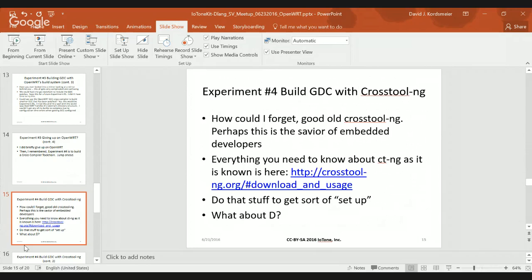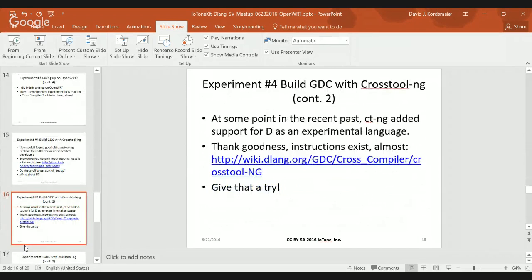You can select all of the attributes of your toolchain that you want, including different language support, kernel headers, things like that. And then you just hit build and it will go off and do what you've instructed it to do. So I'd say this is the easiest way to get a cross-compiler built without this sort of fewer tiers approach.